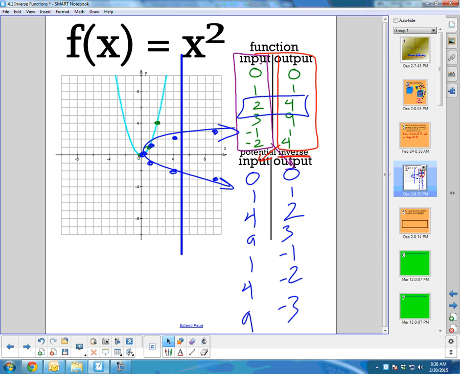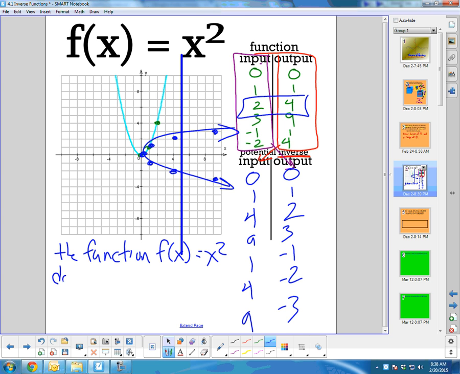And so what we would say is that the function f of x equals x squared does not have an inverse function.